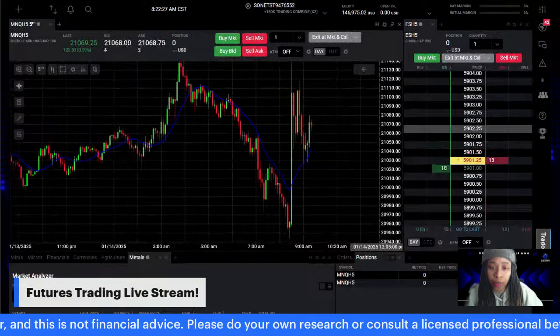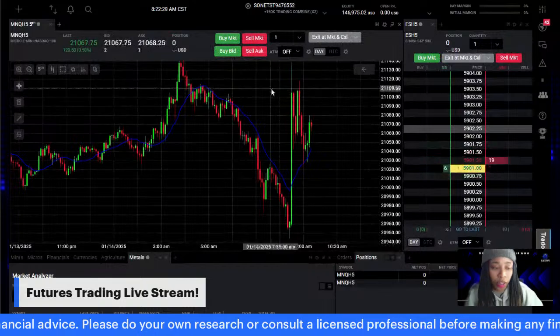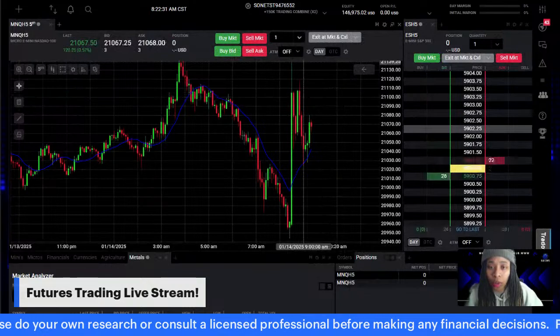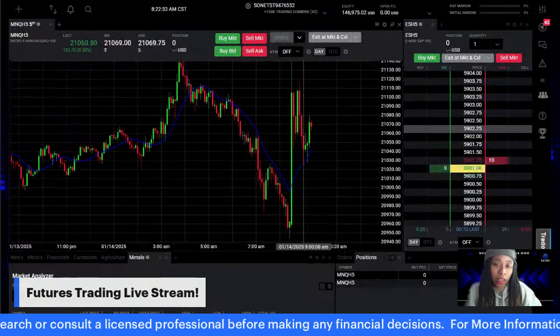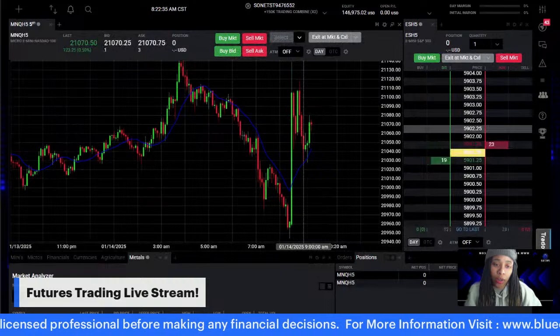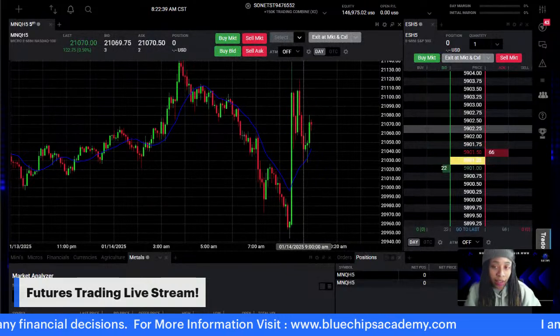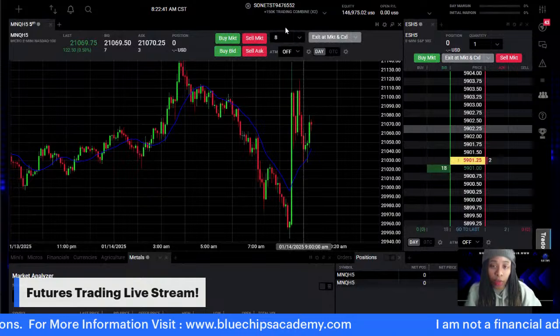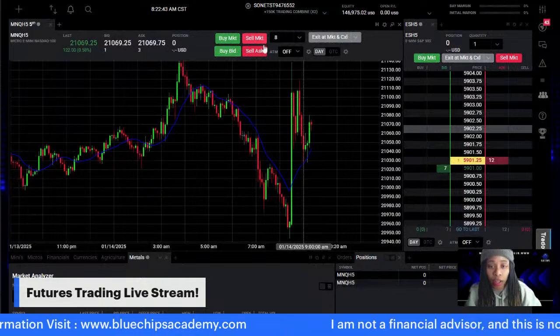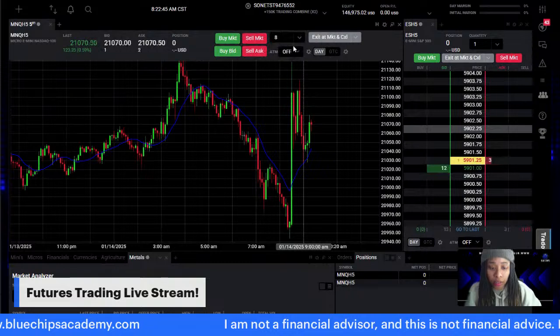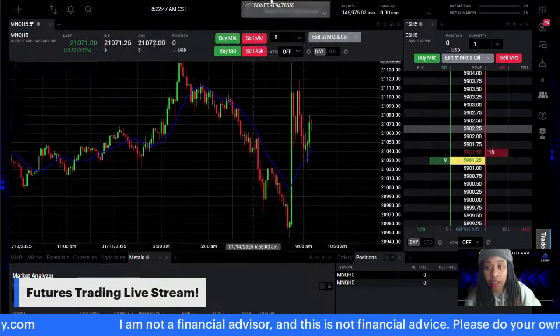So if I'm trading 4 contracts for one account and I have 2 accounts that are active, I have to do 8. It's going to put 4 contracts on both of my accounts. That's what that means for 8 contracts.